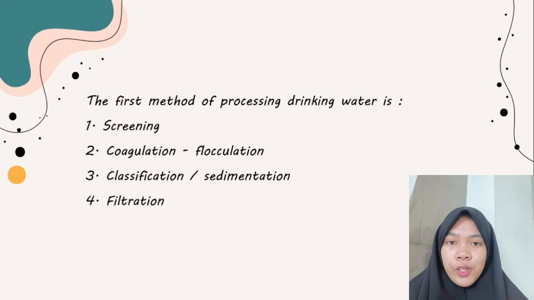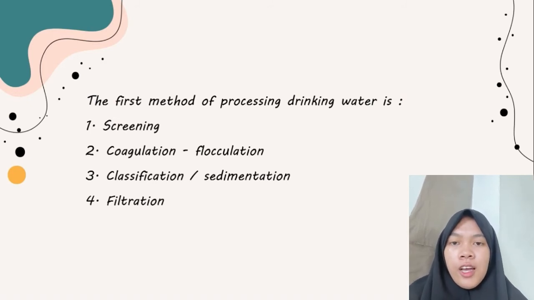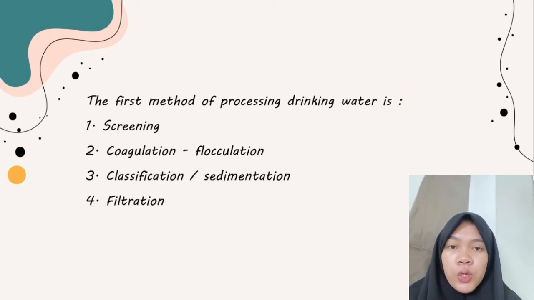The first method of processing drinking water is screening, where it is given alum or aluminum sulfate to filter out impurities. The second is coagulation and flocculation, by providing a coagulant and assisted by stirring so that the particles easily settle.